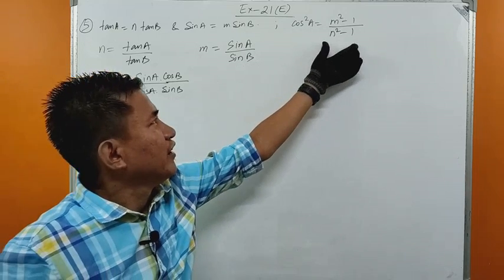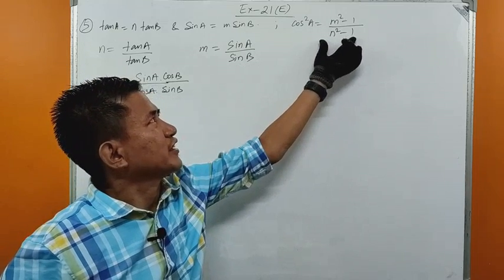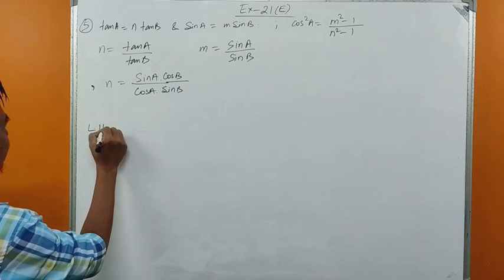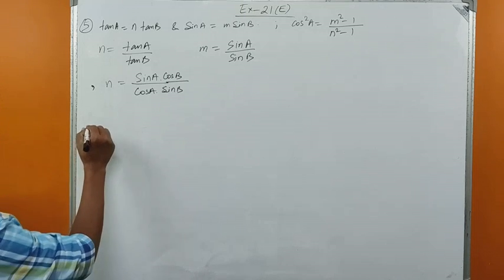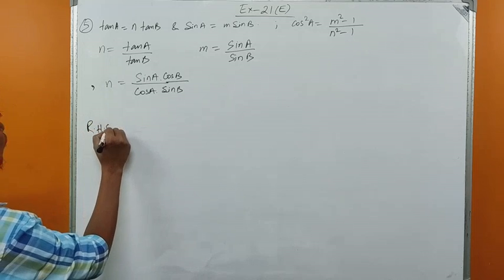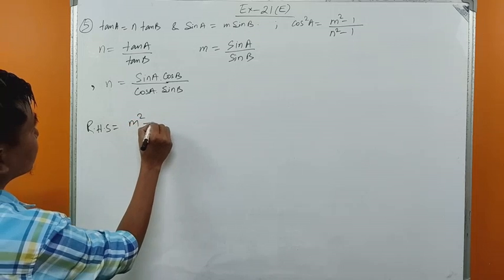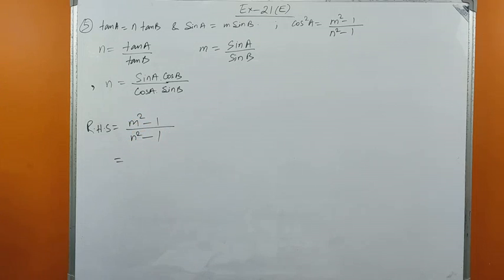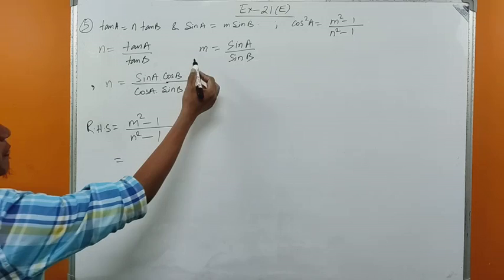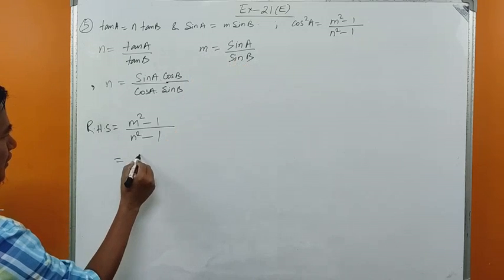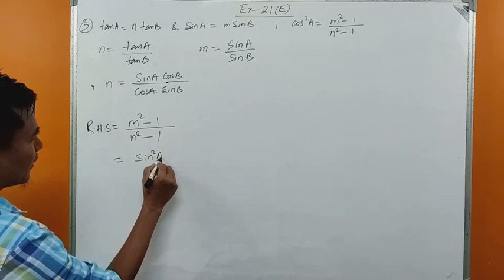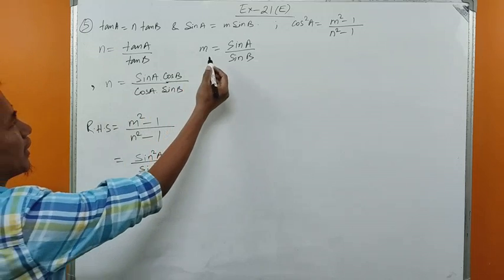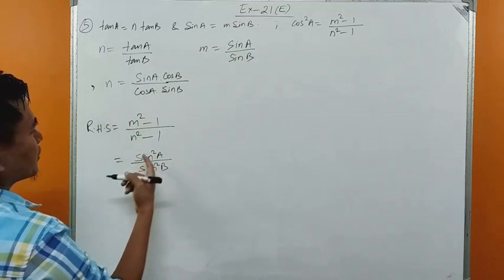Now we are going to use the right hand side of this equation and prove this equals cos square A. So RHS equals m square minus 1 upon n square minus 1. Let us put the value of m and n. M is sin A upon sin B, so m square means we must square this.